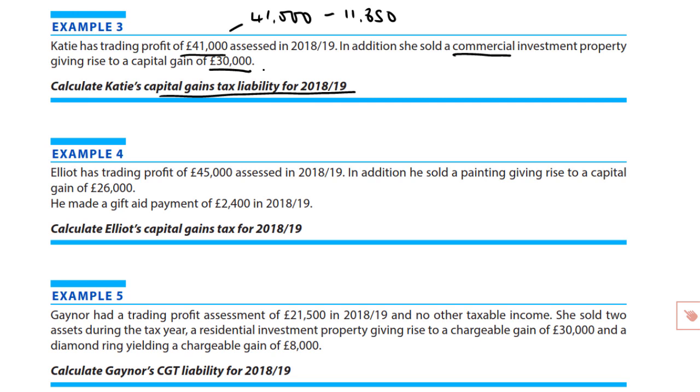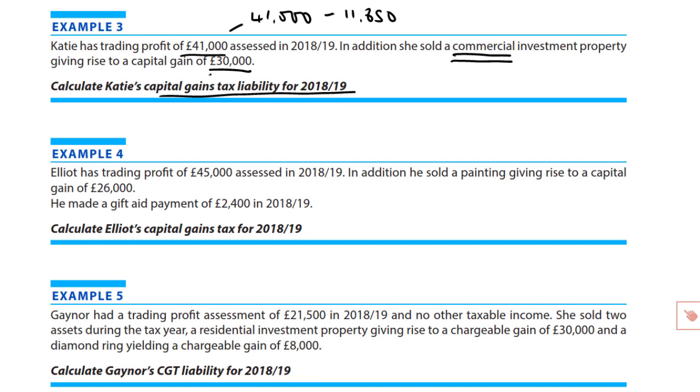So what have they done? They've given us the income figure from which we compute the taxable income needed to be able to determine the relevant CGT rate to apply to our taxable gains. We know what the rates will be, as it's a commercial property, not a residential property. That means that the lower rates will be applicable, the 10% and 20% rates as appropriate.